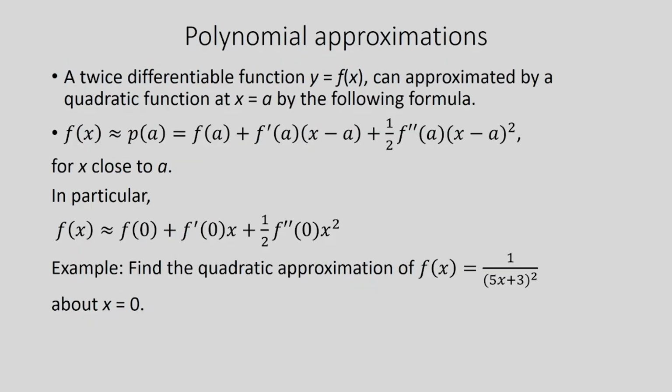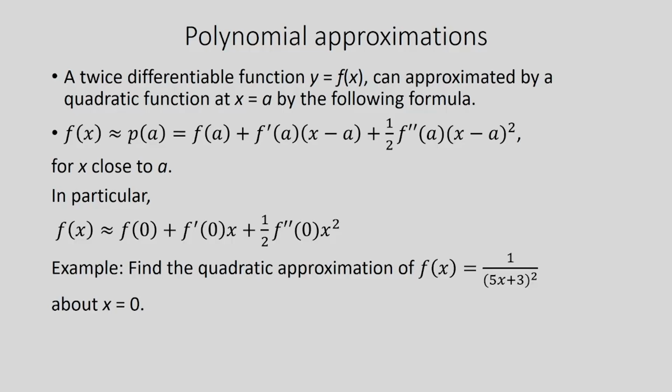Okay, we have talked about linear approximation of a function, but there could be approximation of higher orders. Suppose you have a twice differentiable function y is equal to f x, right. Twice differentiable means you can differentiate it 2 times successively.